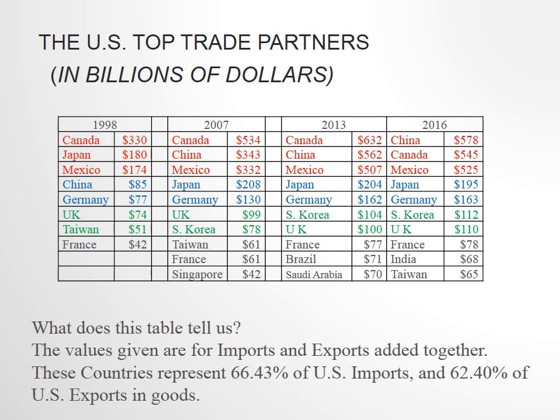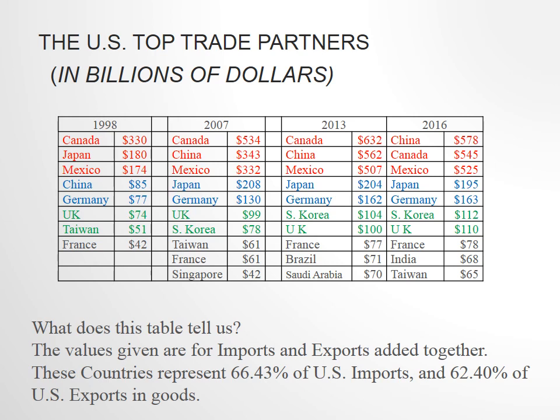And of course, you know that the federal government has been in the process of arguing that NAFTA now needs to be renegotiated. We want to be very careful when we do this because understand that 2 of our 3 largest trade partners are involved in that agreement. So what does this table actually tell us? Well, it gives us the values for imports and exports added together.